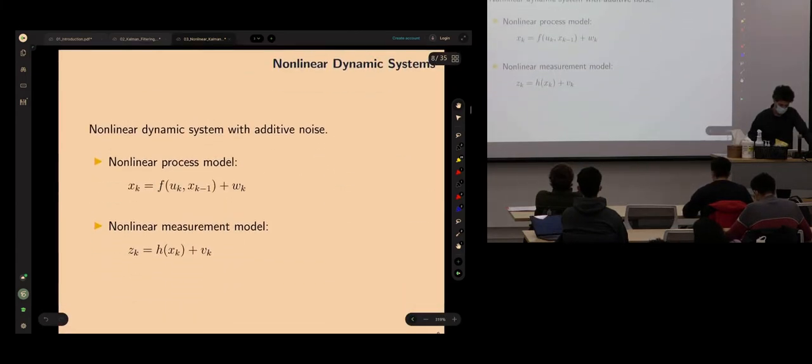So today, we want to talk about a new class of problems. Now the model is no longer linear, which happens to be the case a lot of the time for a lot of interesting problems we want to solve.